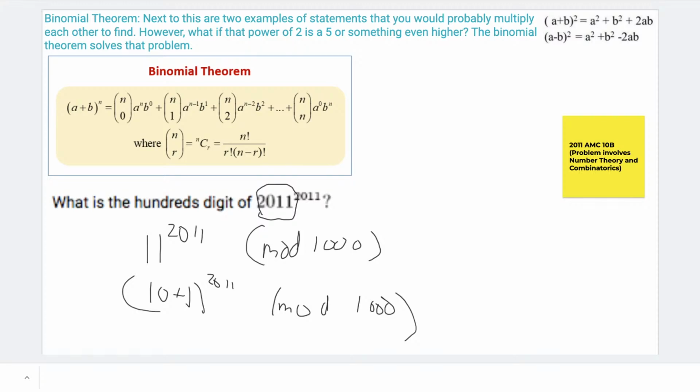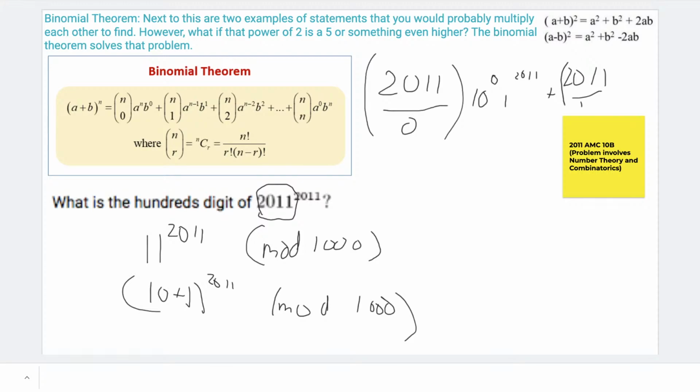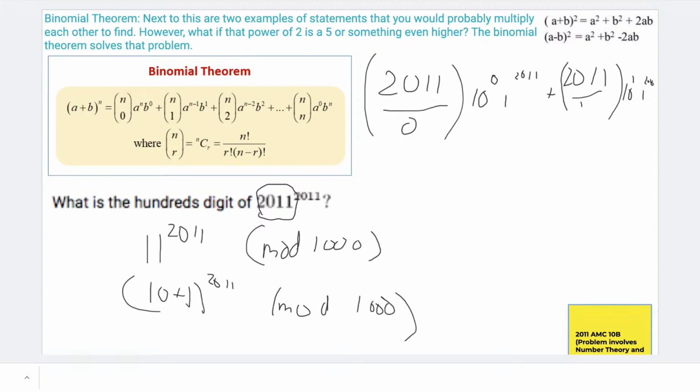So using the binomial theorem, we know that 2011 choose 0 times 10 to the power of 0 times 1 to the power of 2011 plus 2011 choose 1 times 10 to the power of 1 times 1 to the power of 2010 plus 2011 choose 2 times 10 to the power of 2 times 1 to the power of 2009.